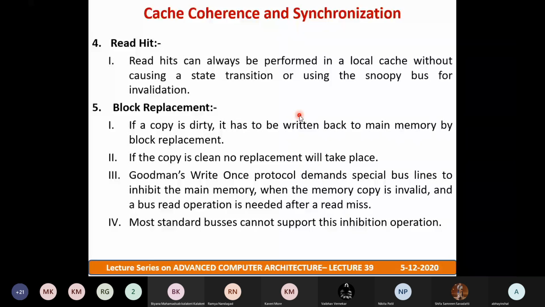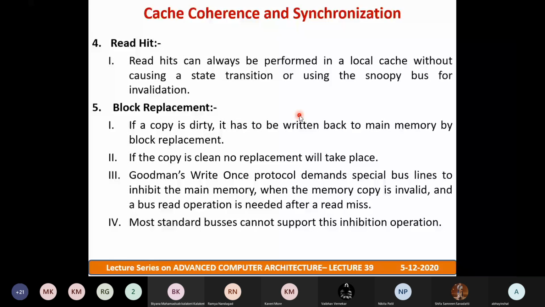And hence, Goodman's write once protocol demands special bus lines to inhibit the main memory when the memory copy is itself invalid and a bus read operation is needed after a read miss.